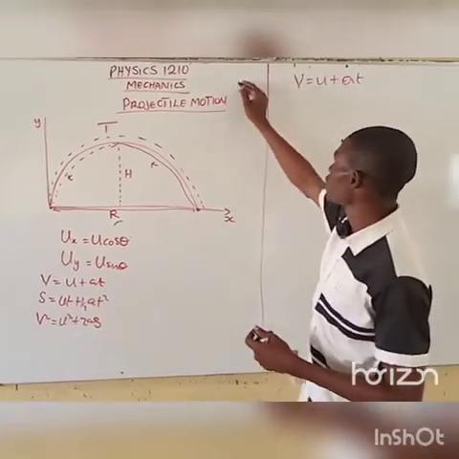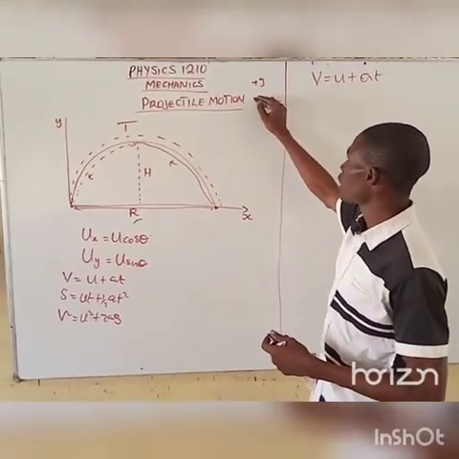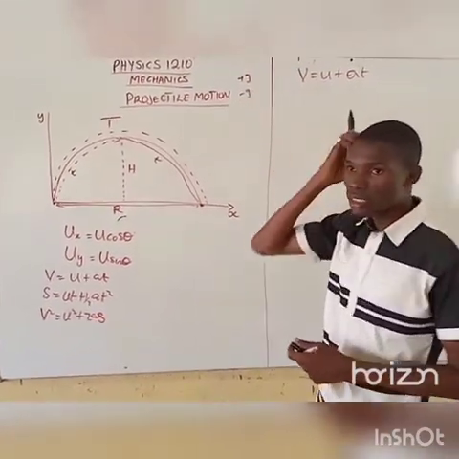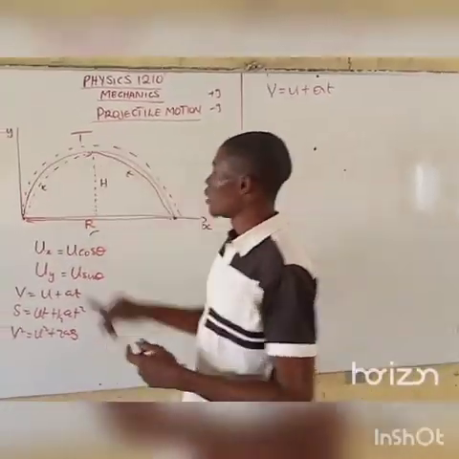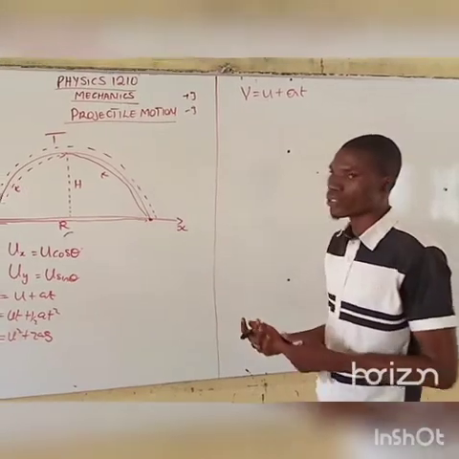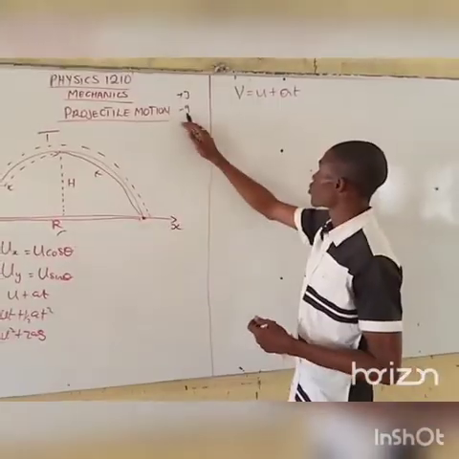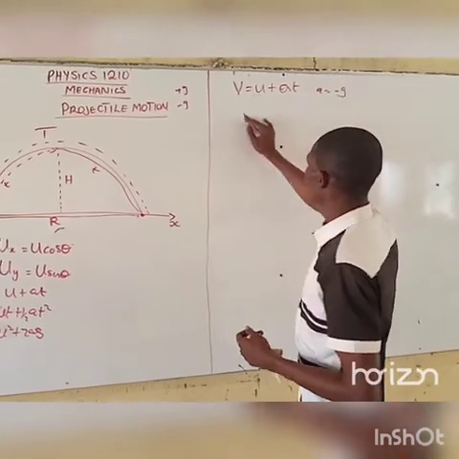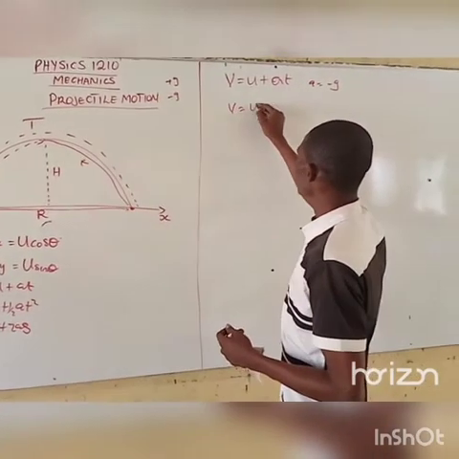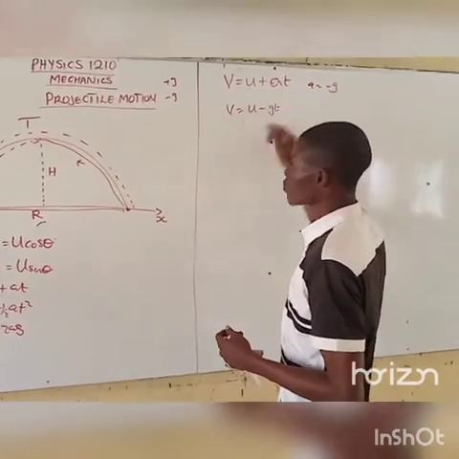So when it is coming down, it's plus g. When it is going up, it's minus g. Since the object you launch into the air is against gravity, a can be represented by negative g. So we can say v is equal to u minus gt.